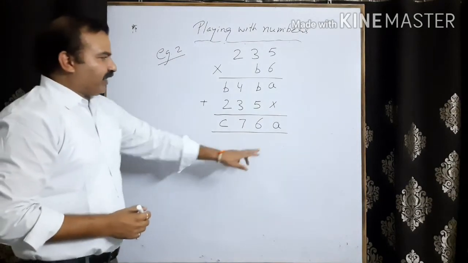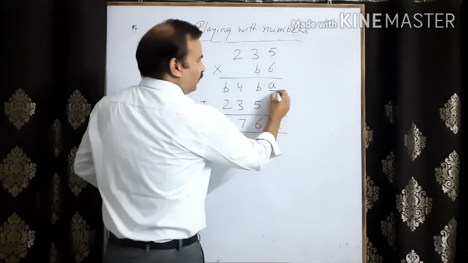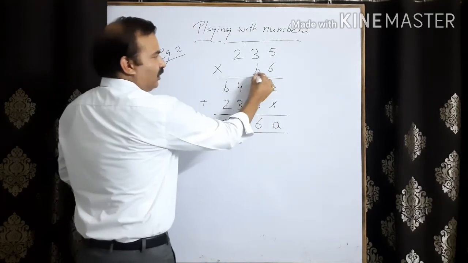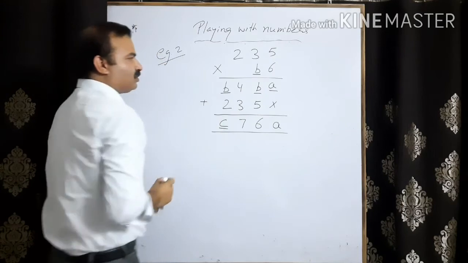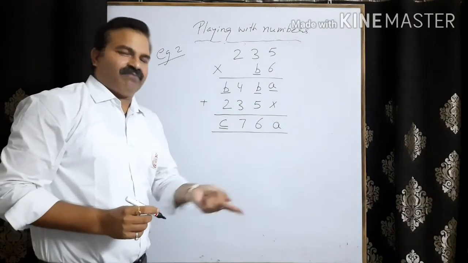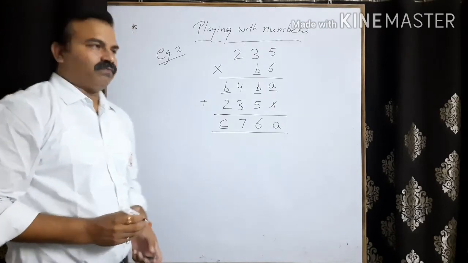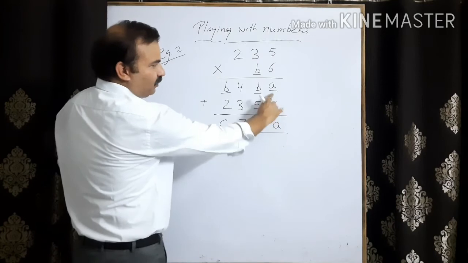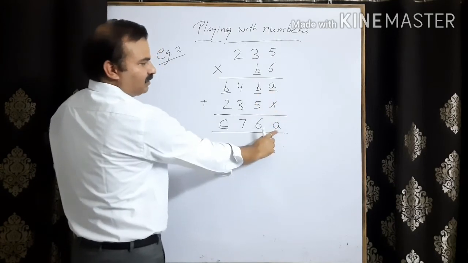Now we have to find the values of A, B and C. Please remember, here also it is B, here also it is B, and here also this is B. In all 3 places we have a B, so the same value of B will come in all 3 places.